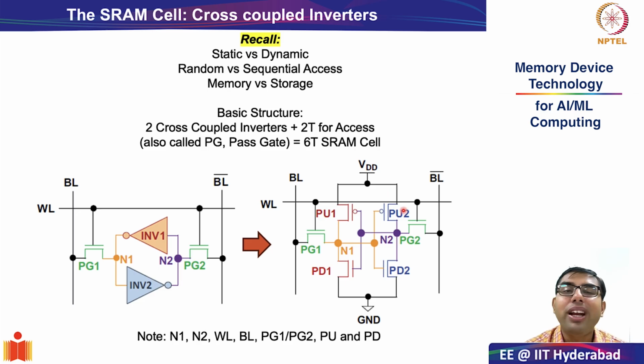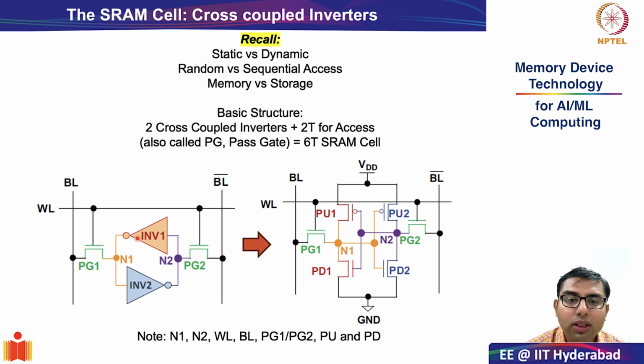Similarly, the corresponding transistors for inverter 2 are indicated in blue color. They are the pull-up 2 transistor and pull-down 2 transistor. Okay, and as you can see, the output of N1 is connected to the input of N2, and the output of N2 is connected to the input of N1.